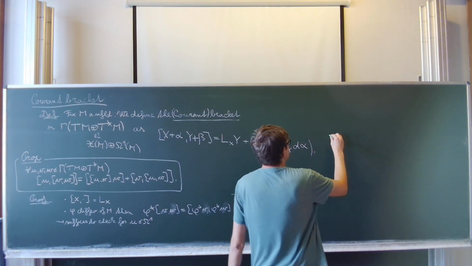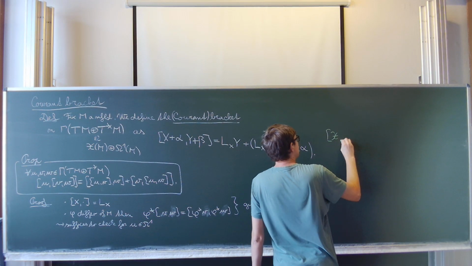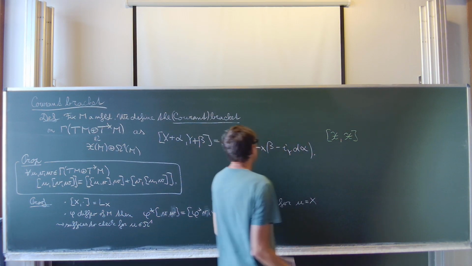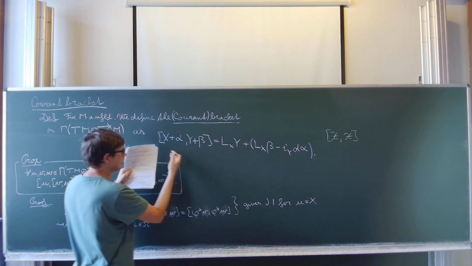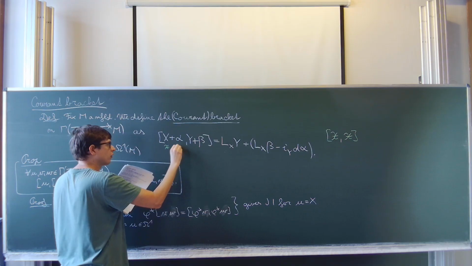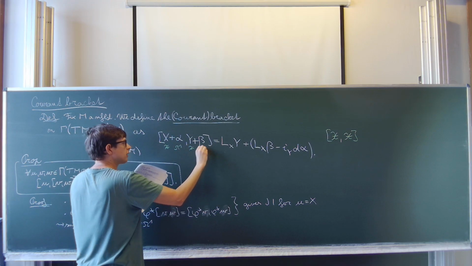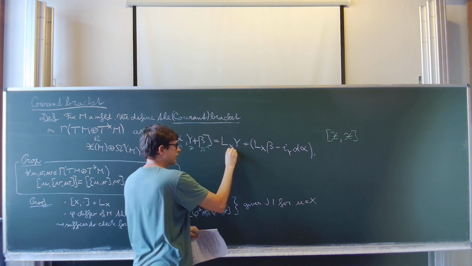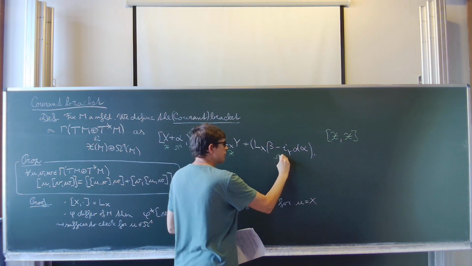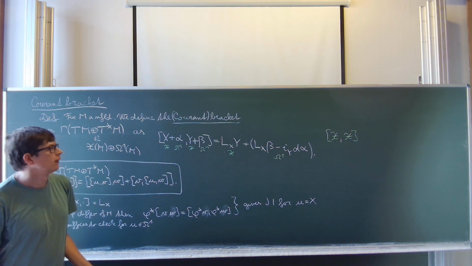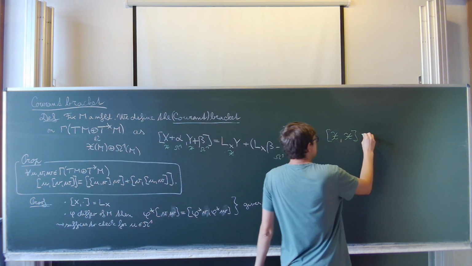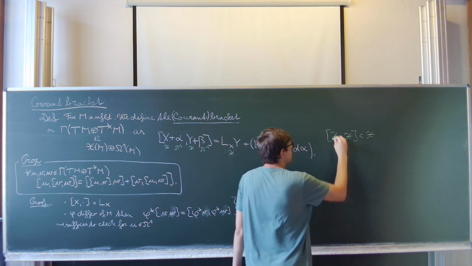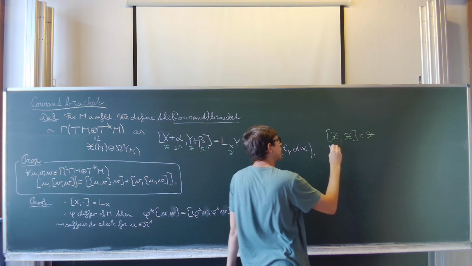If you take two vector fields, then the result, I didn't comment on it, but the way I wrote this is that this is a vector field, this is a one form, same here, and this is why I put the parentheses, because this is again a vector field, and this is the one form part. Now if you take two vector fields, then you only get this contribution, so this thing is a vector field.